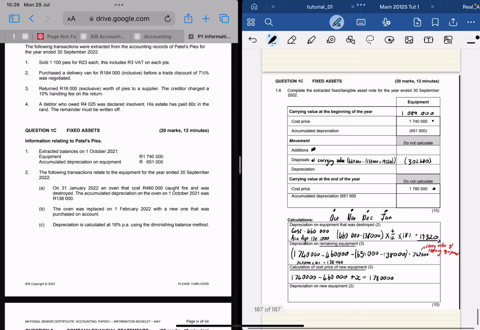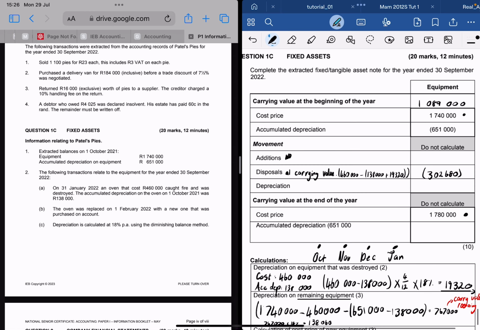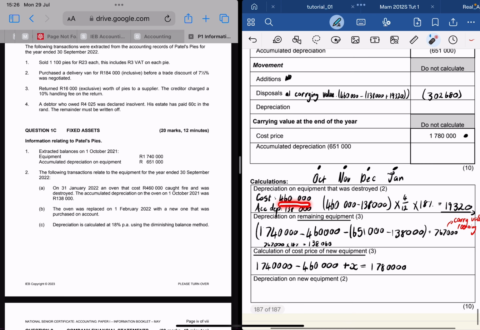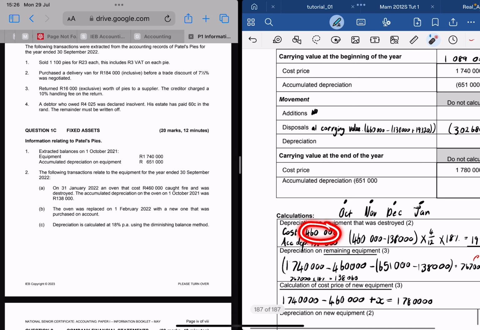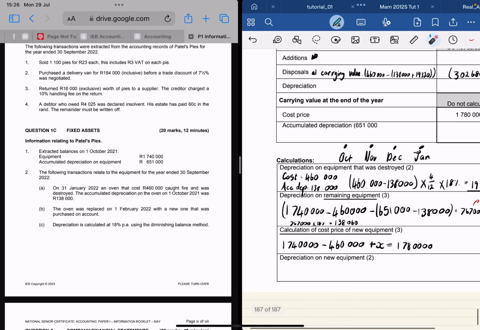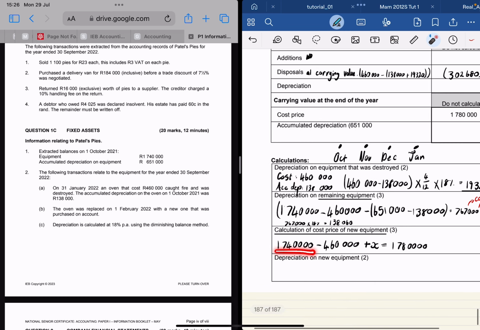Let me just get this highlighter. At the beginning of the year, we had this much: 1.74 million. The end of the year, we have 1.78 million. We know we sold something with a cost price of 460,000. We're dealing with cost prices here, so we need to deal with the cost price of the sold equipment. So this is what we had at the beginning of the year. This is what we got rid of. This is what we bought.